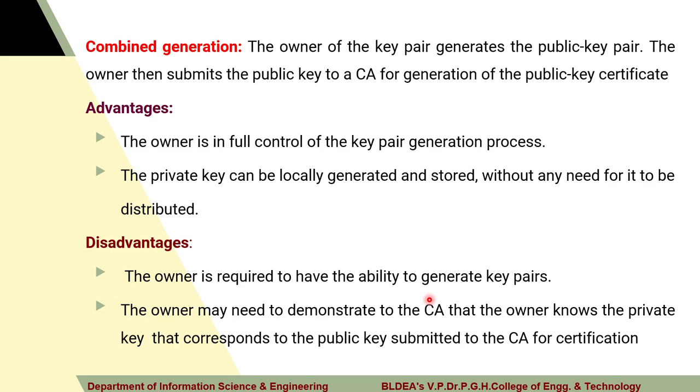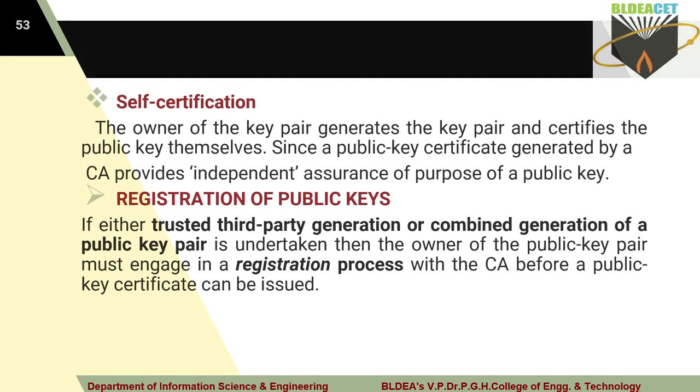Once the CA verifies that you are the owner and you know the private key corresponding to the public key, the certificate is generated. Remember, in the public key certificate only the public key is available, but the private key is known by the owner. So this is about combined generation for getting the public key pair.